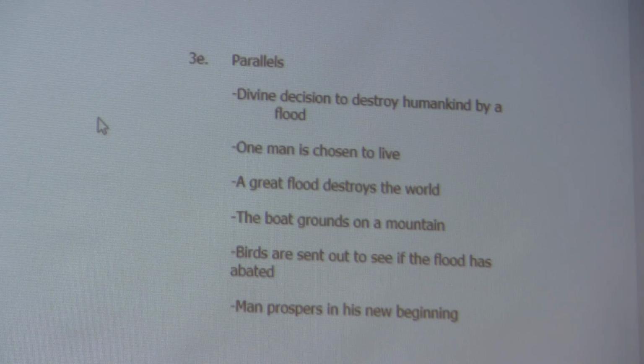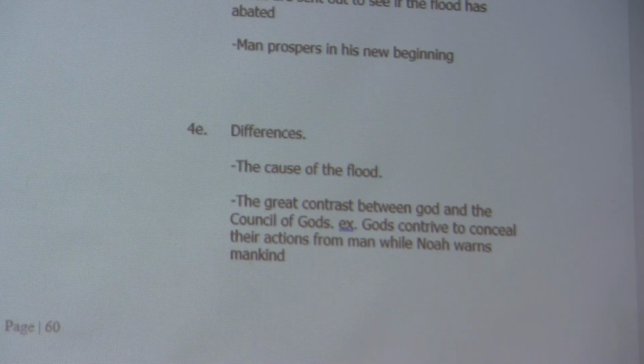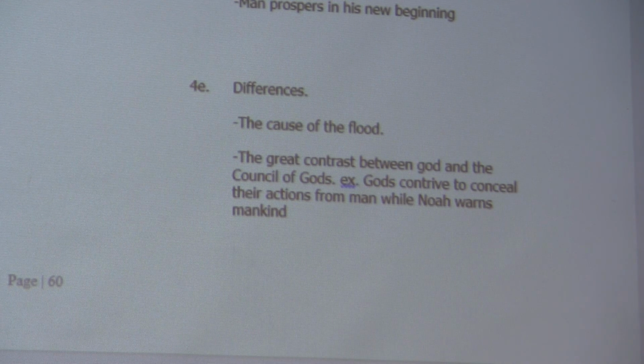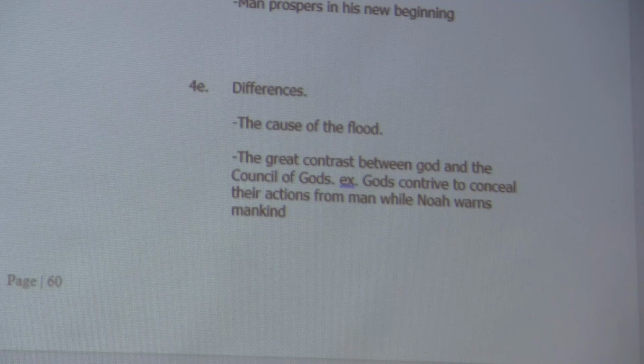But there are also some pretty serious differences. The cause of the flood, in the Bible, you know full well that the cause of the flood is because of human sinfulness. There is a contrast between God and the council of gods.